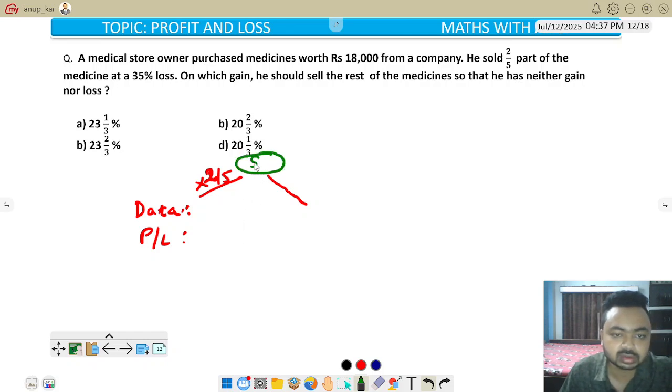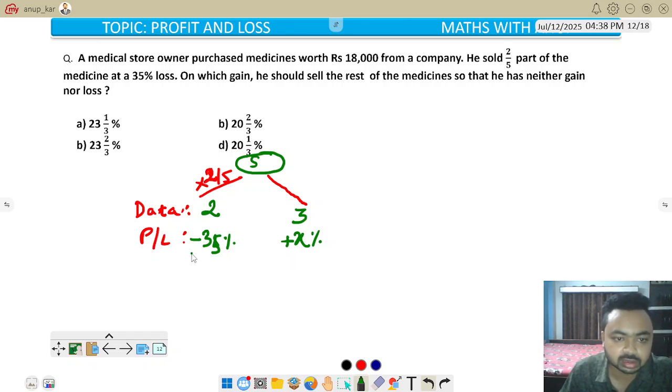So 2 by 5 into 5 will come out to be 2, and the rest will be 3. He sold 2/5 part of the medicine at 35% loss, so it will be minus 35%, and on which gain, so it is asking plus x percent. This is the value we have to find out.